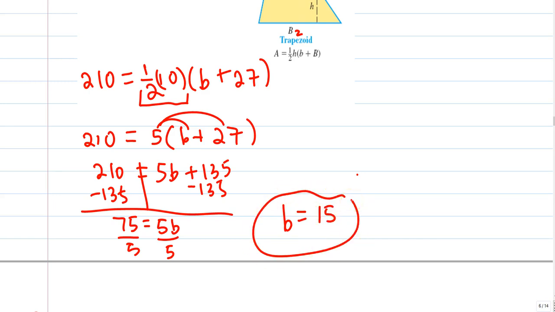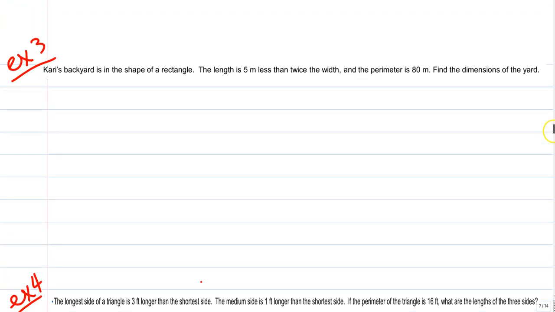So, we're going to need to be able to take these formulas, plug in pieces, and solve for what's left. This is a little messier just because they don't give us a picture, but they said it's in the shape of a rectangle, so draw a rectangle. So Carrie's backyard is in the shape of a rectangle. The length is 5 less than twice the width.